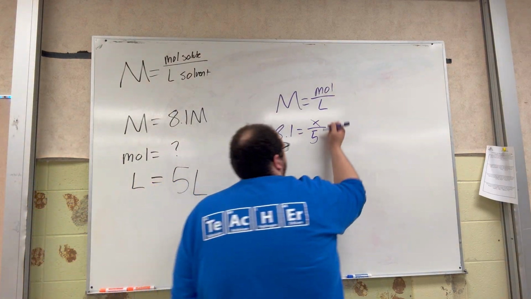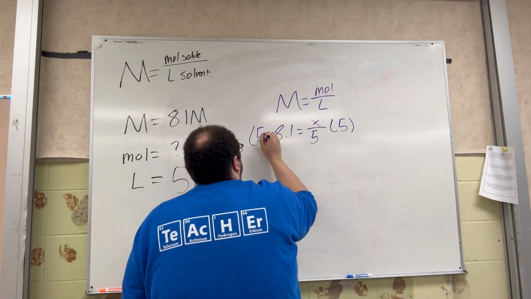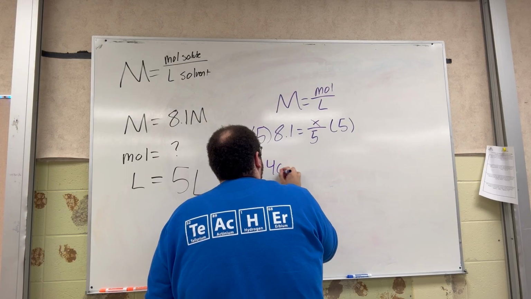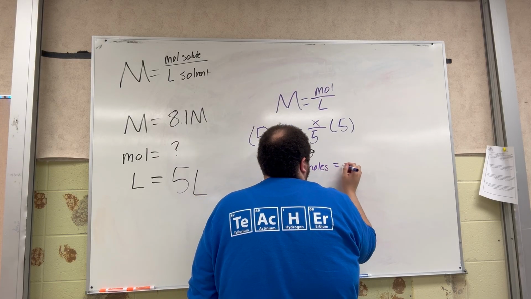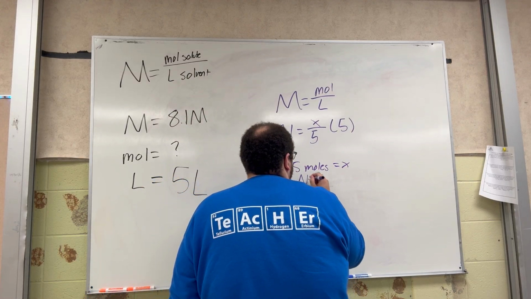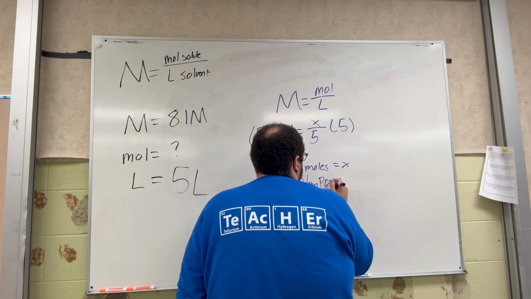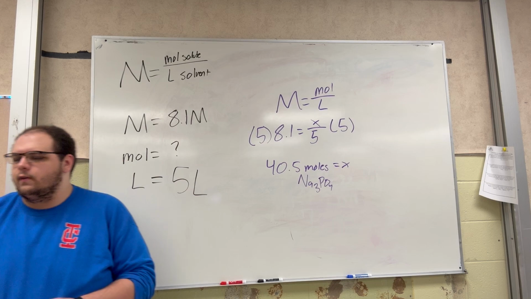Multiply both sides by 5. Do we all agree that you get 40.5 moles of Na3PO4? Make sure you are specific with your units. Make sure you write your chemical name, sodium phosphate.